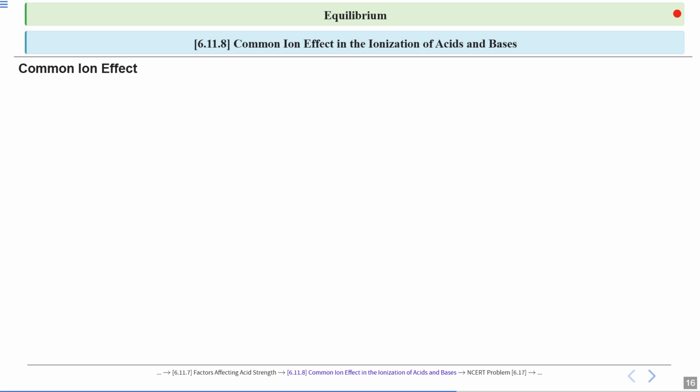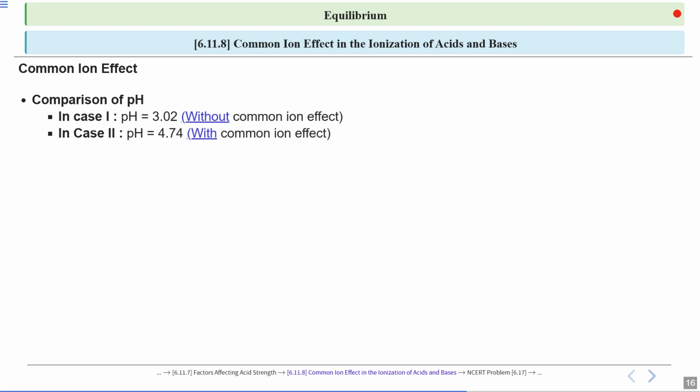Now, the time is for the comparison. When we compare both, we will see that in case 1, without the common ion effect, the value was 3.02, whereas with the common ion effect, this value increased to 4.74. So the pH is increasing. If the pH is increasing, what can we conclude?